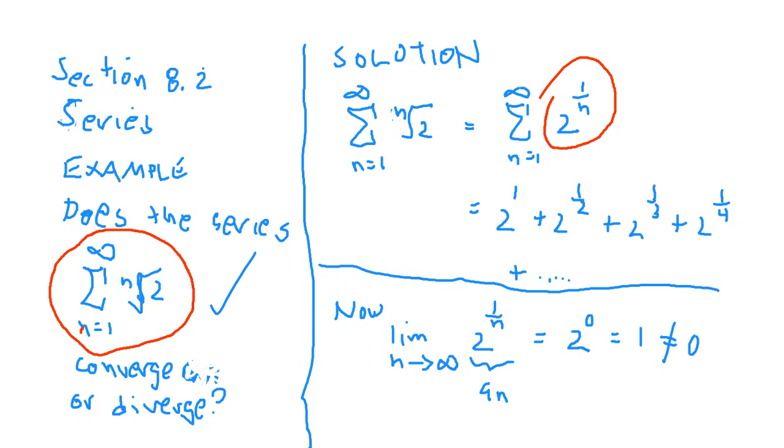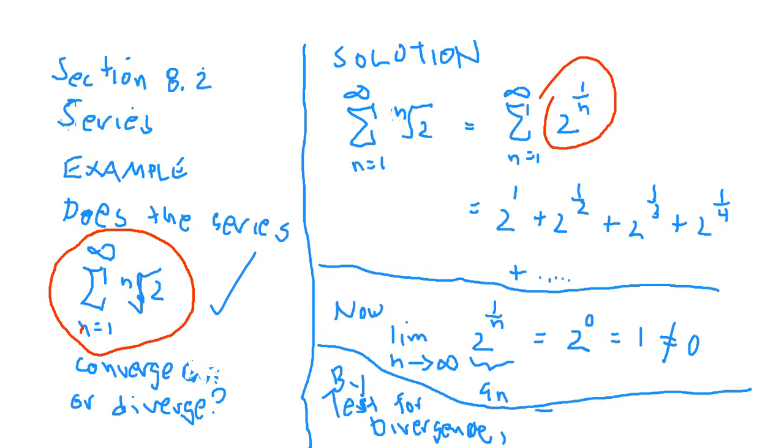And so by the test for divergence, what do we know about this series? Does it converge or diverge? By the test for divergence, and I wish I had a little more room here.